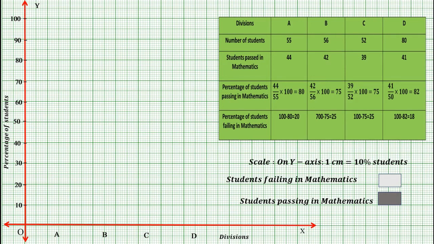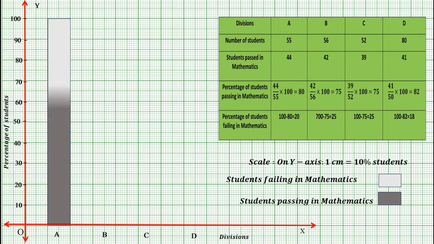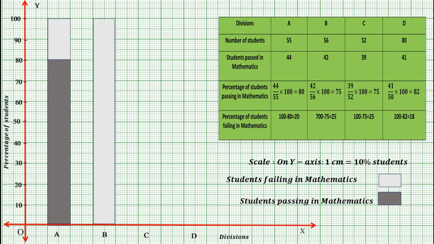First of all, the whole bar is up to 100%. Now, what is the percentage of passing of students? You will see here that 80% of students passed. Now in B division, what is the percentage of passing? 75% of students passed in B division.